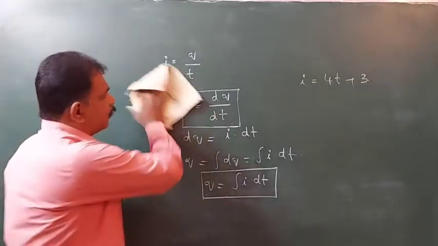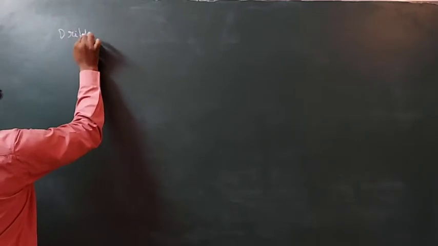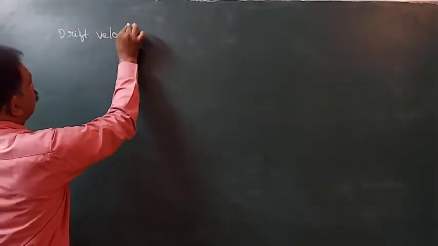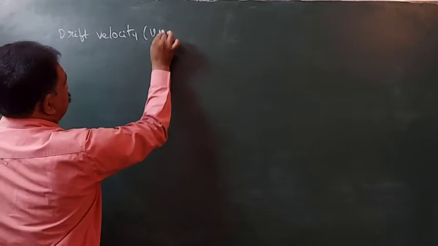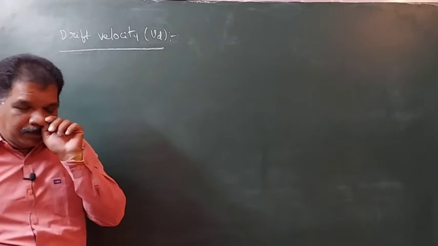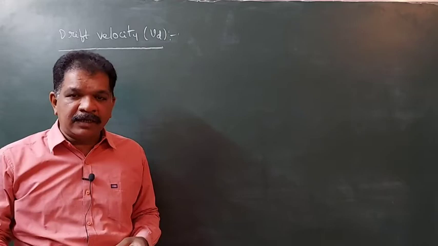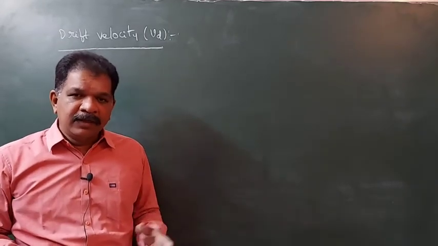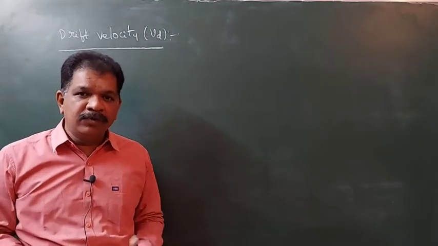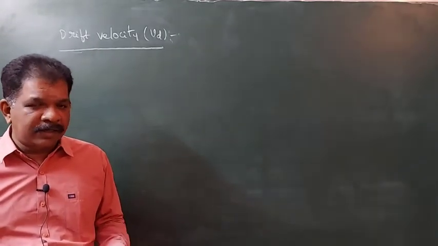Next, after finishing this, what is meant by drift velocity? Drift velocity is indicated by the letter Vd. If you consider any conductor, in conductors charge carriers will be electrons. Electrons are randomly moving inside the conductor. They are the charge carriers for conductors.